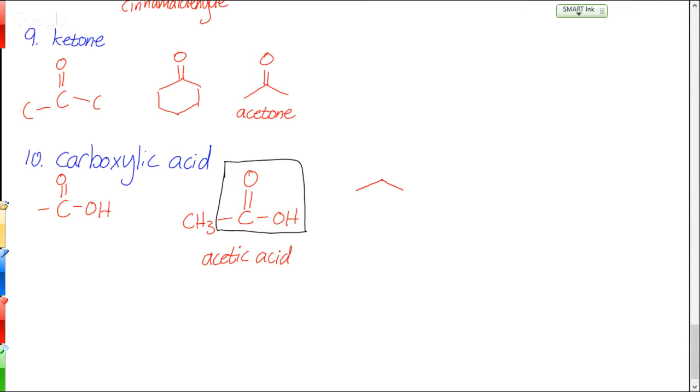If we put it on something like benzene, we have benzoic acid. So as you can see, these things are generally named with the term acid. So they're pretty easy to pick out if you know the name of something.